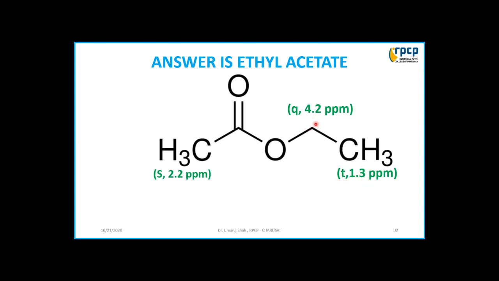The methylene carbon appears at 4.2 ppm as a quartet because the neighbor has three protons, so it splits as a quartet, and the CH2 group is directly attached to oxygen, so it appears at 4.2 ppm.